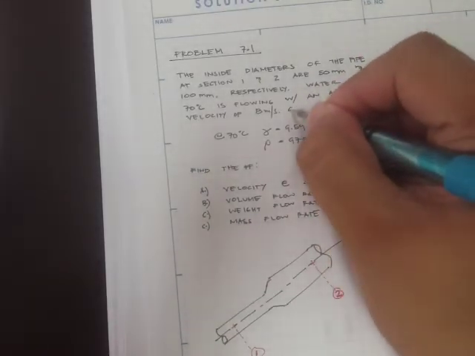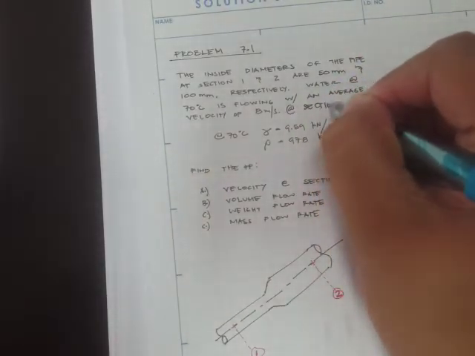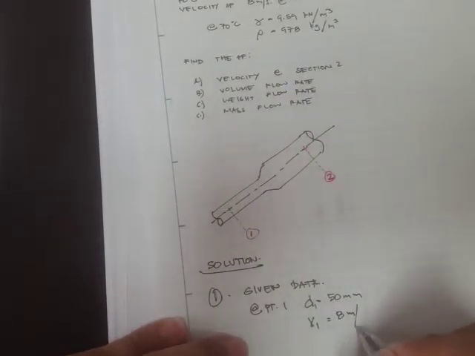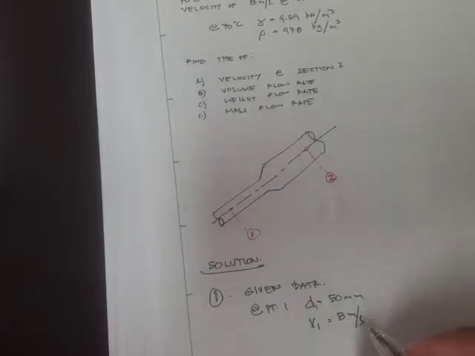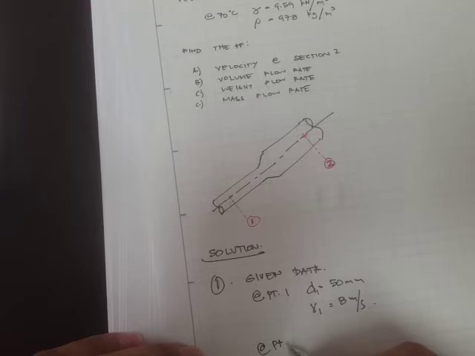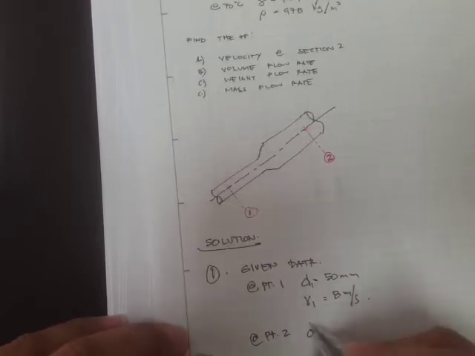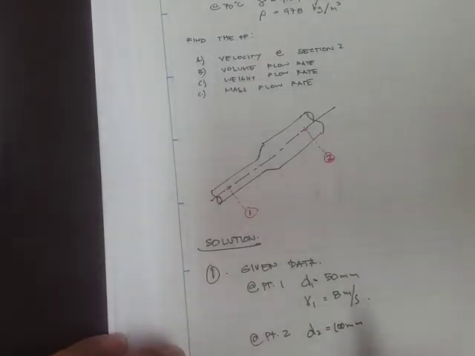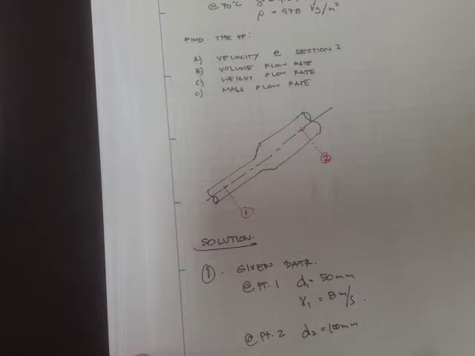This should be at section 1, so velocity 1 is 8 meters per second. For point 2, we have a diameter of 100 mm, but we don't have the velocity because that's what we're actually solving for.